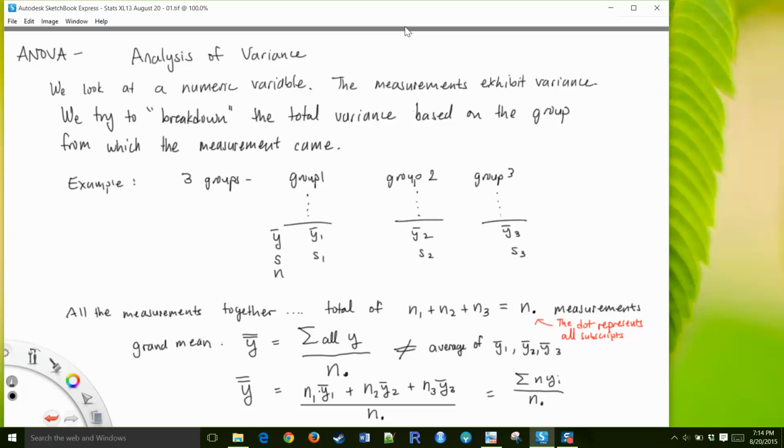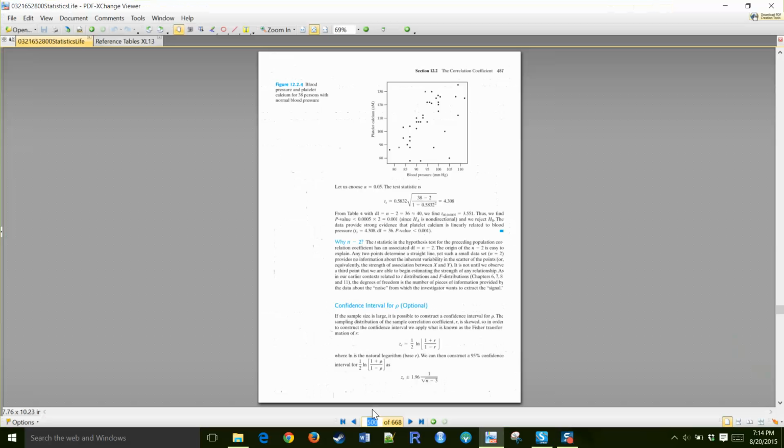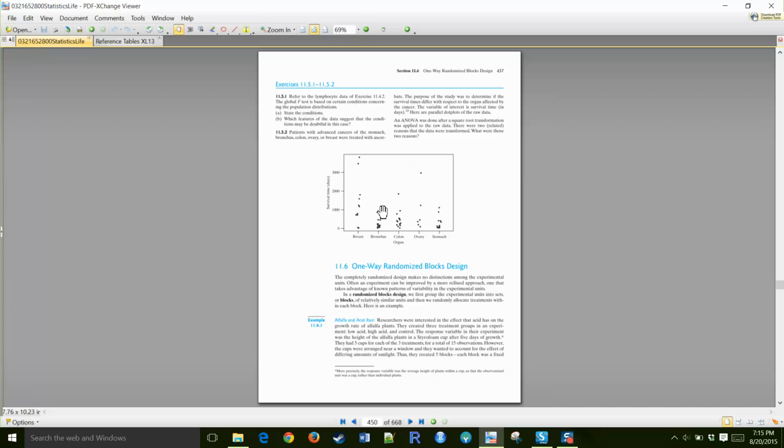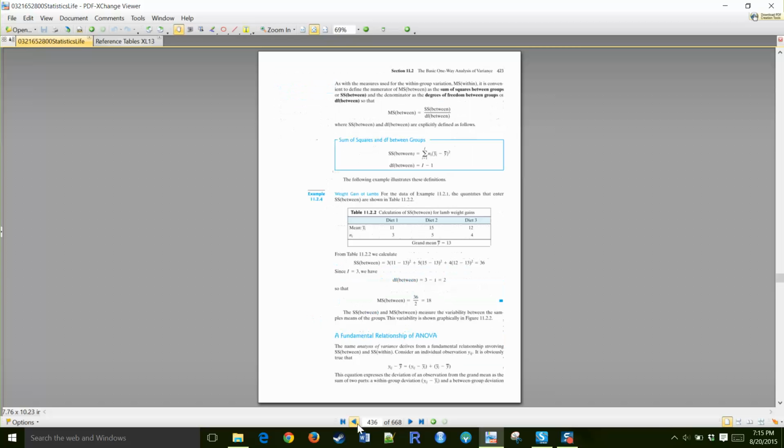Let me zoom in on this. Alright, so this is the data that we're going to use for our example.